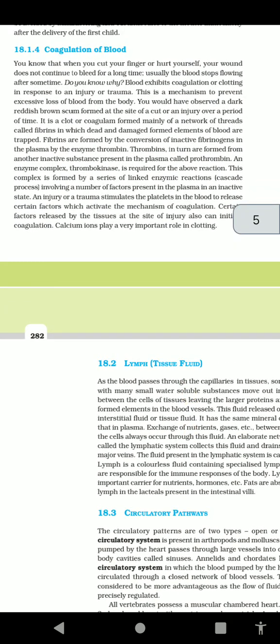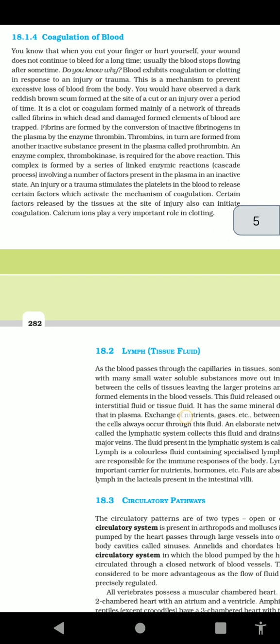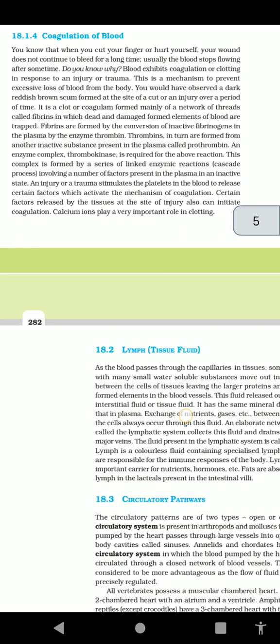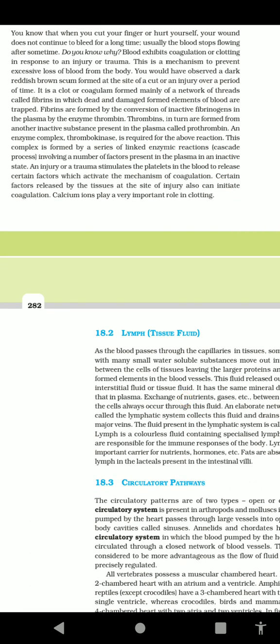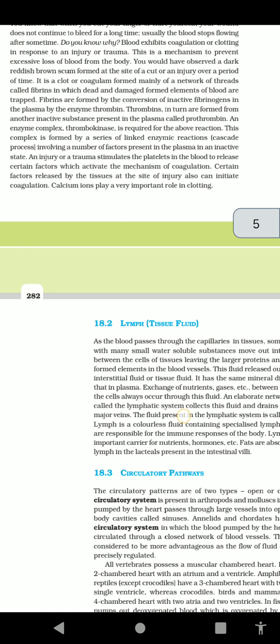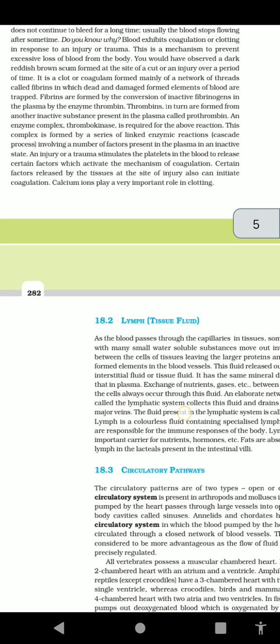Coagulation of blood. You know that when you cut your finger or hurt yourself, you do not continue to bleed for a long time. Usually the blood stops flowing after some time. Do you know why? Blood exhibits coagulation or clotting in response to an injury or trauma.